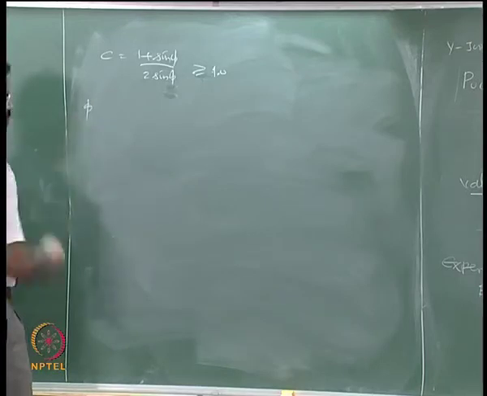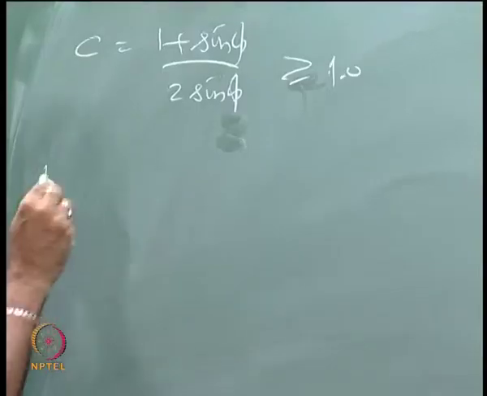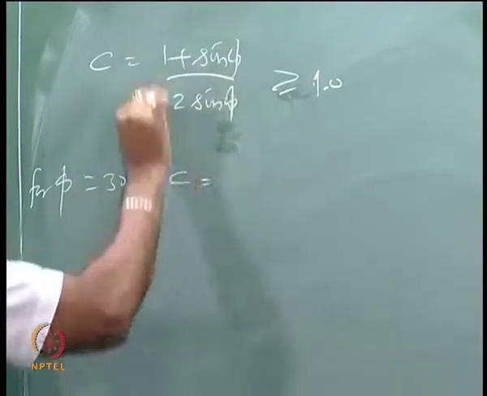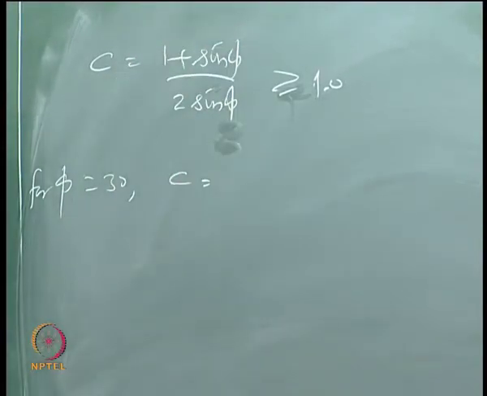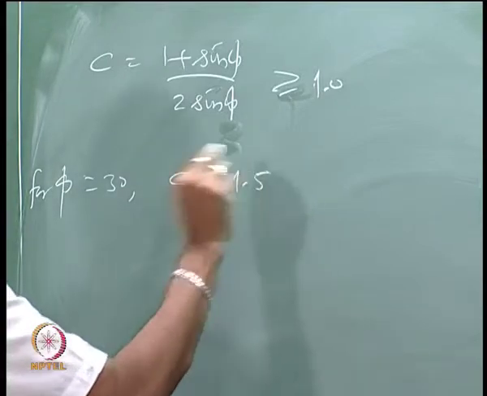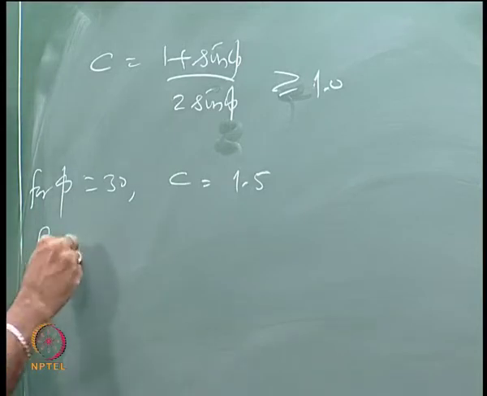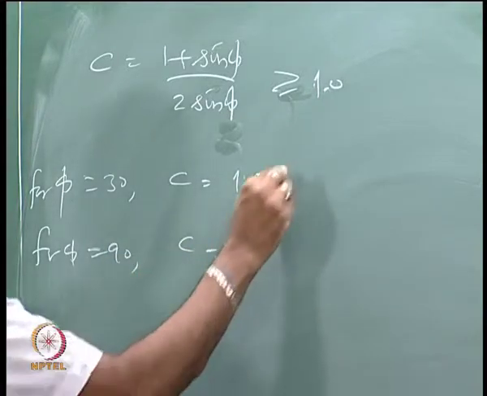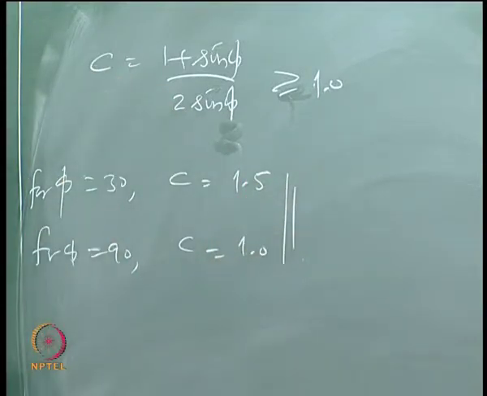Therefore, for phi of 30, can you give me what is this value of C? 1.5, isn't it? And for phi 90 it is 1, isn't it? That is the validity of C.